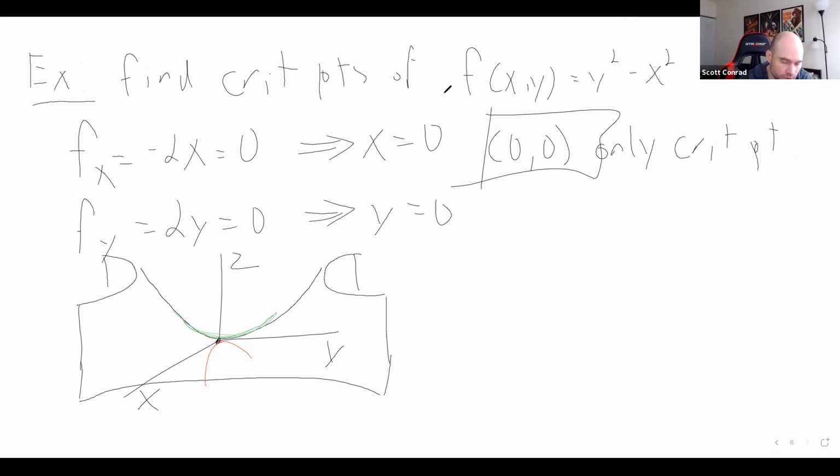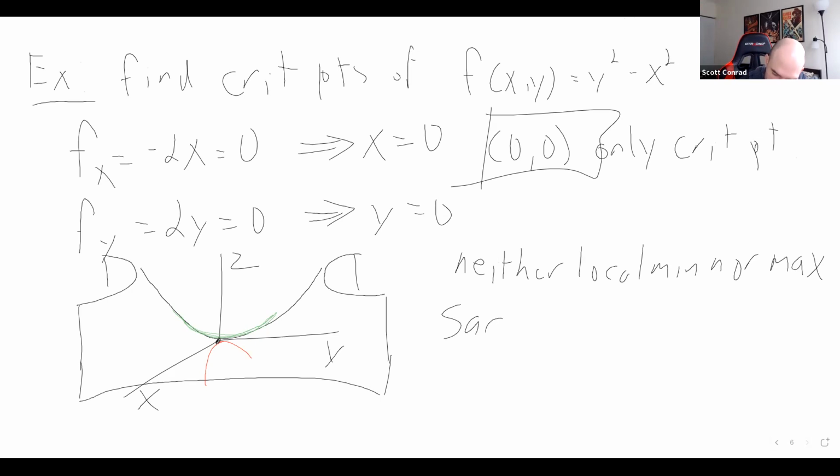And so no matter how close you look to 0, 0, there are points where the value of the function is less than 0 and points where the value of the function is greater than 0. So it's neither a local min nor a local max, even though it's a critical point. So critical points can be local mins, local maxes, or neither.